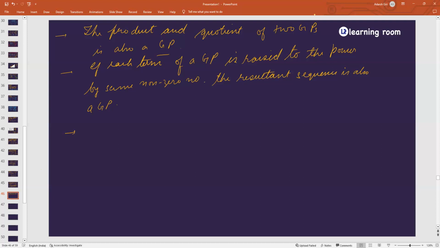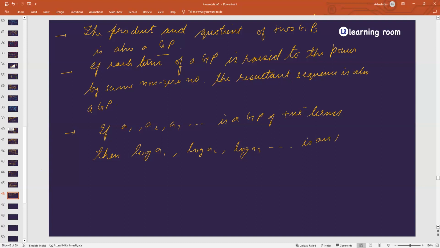All right. And the last one, if A1, A2, A3, and so on is a GP of positive terms, then taking log of A1, log of A2, log of A3, and so on is an AP, and vice versa, because that common difference is there. Okay, I'll tell you how.